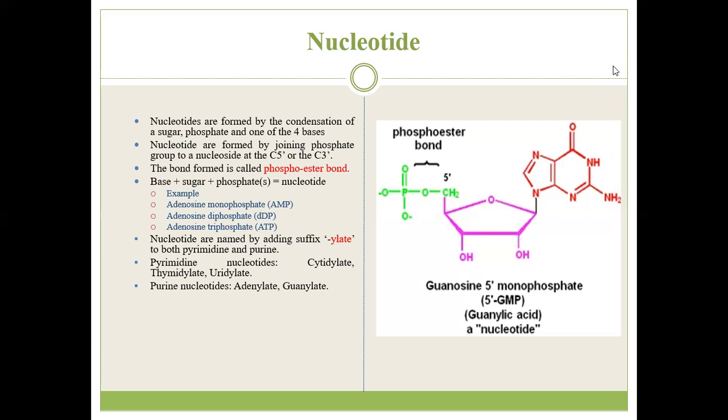In the case of pyrimidine, if it is cytidine monophosphate, you can say cytidylate. Instead of saying thymidine monophosphate, you can say thymidylate. Instead of saying uridine monophosphate, you can say uridylate. Is that clear? Yes, sir. Good.